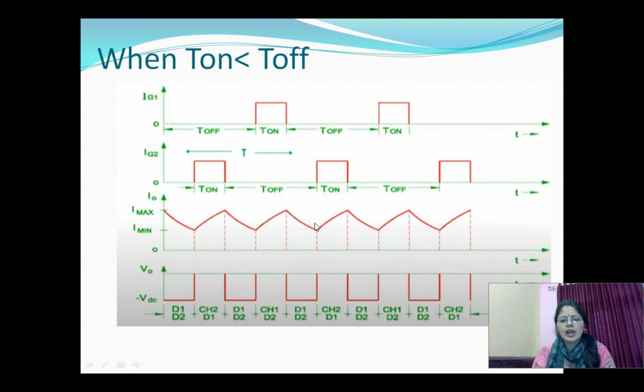This time the output current is positive, as shown in this figure, and the output voltage is negative. In the previous case, the output voltage and current are both positive and the operation works in the first quadrant. When T on is less than T off, the operation works in the fourth quadrant. Output current is positive, but the output voltage is negative. Therefore, class D chopper works in two quadrants. Okay, thank you.